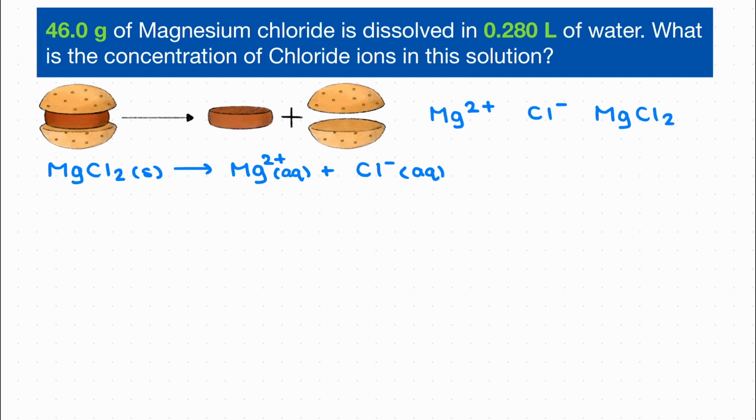Now, before we move on, we have to make sure that our equation is balanced. We have 1 magnesium on the left, 1 magnesium on the right, great. 2 chlorines on the left, but only 1 chlorine on the right. So we have to make sure that we put a 2 in front of this. Now, the burger, it'll make sense later. We're just going to leave it for now, but you might already be seeing a little bit of a correspondence there.